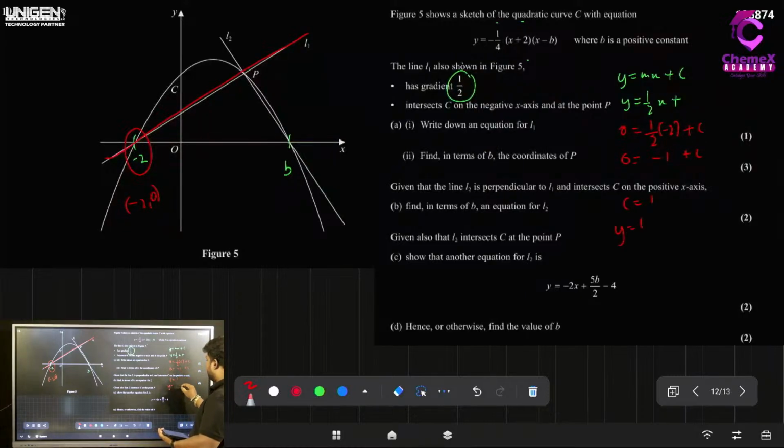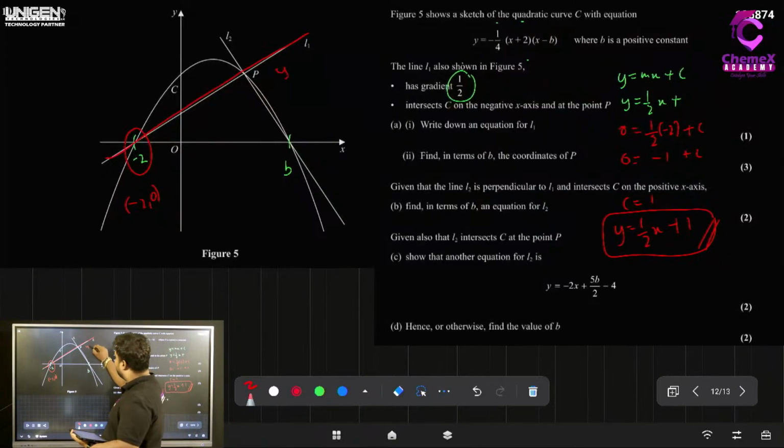So y equals 1 over 2x plus 1. So that's the equation of the first part. Understood? Kamita, do you understand? Yes, sir. Okay. So that's the equation of L1 line. So I'll write it again. y equals 1 over 2x plus 1.